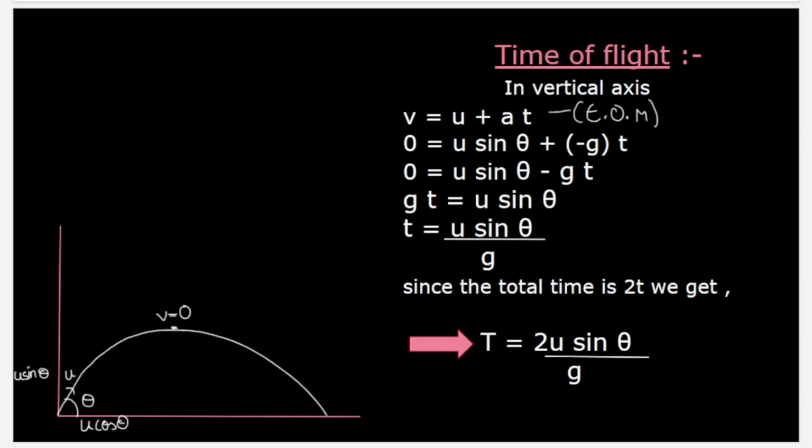Placing minus gt on the left hand side, we get gt is equal to u sin theta. Keeping t alone on the left hand side, we get t is equal to u sin theta by g. Since the total time is 2t, that is this whole thing, we get T is equal to 2u sin theta by g. And this is how we derive the formula for time of flight.